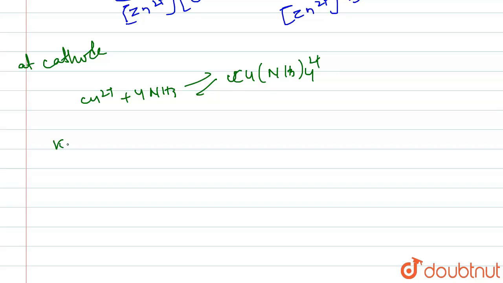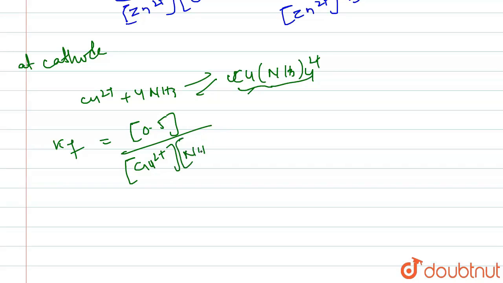We are going to find its Kf, as it is given. With the help of that we are going to find the concentration of Cu2+, like we did for Zn2+. So we are writing its concentration.